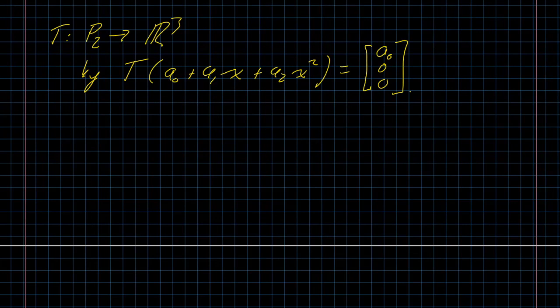So let's take a look at this transformation. It's an interesting one. T maps from the second-degree polynomials to the three-dimensional Euclidean vectors. T of a naught plus a1x plus a2x squared is going to be the vector with components a naught, 0, and 0.